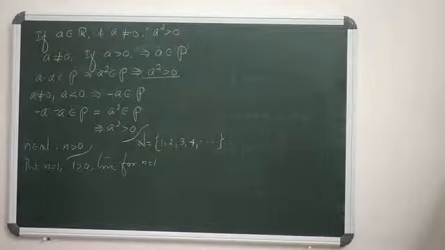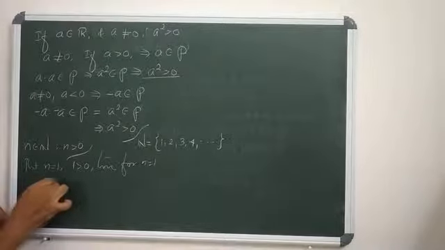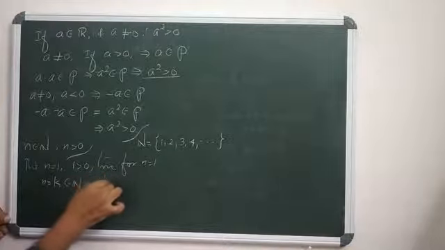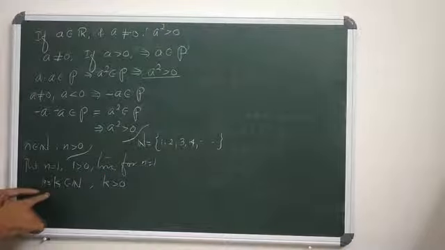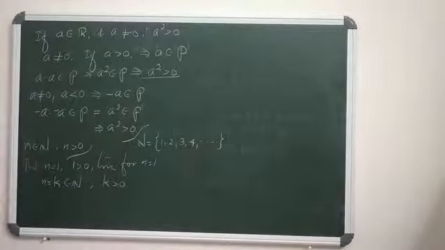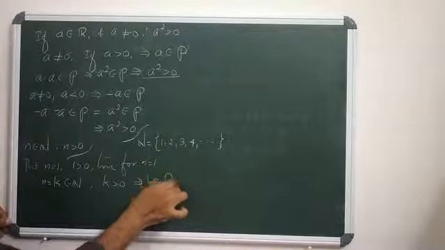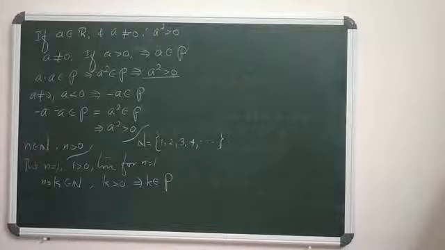Okay. Now suppose this result is true for n equals k, for any k in N, then this k is positive. Why? Because the result is true for n equals k, means k is positive. K is positive means k should be in our set P. Yes.